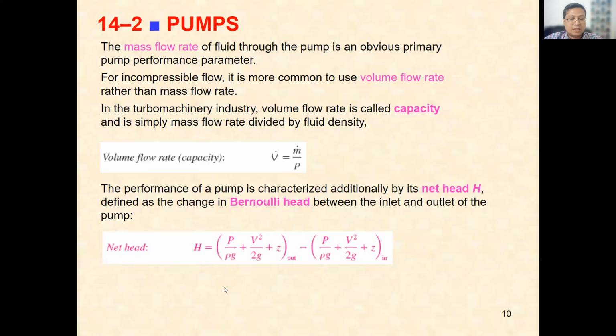When we calculate the condition before the pump, it is considered as inlet, and then this condition is after the pump.